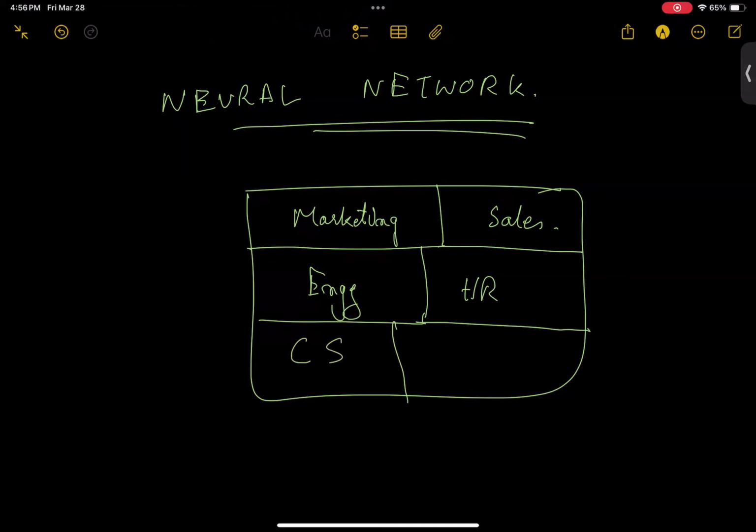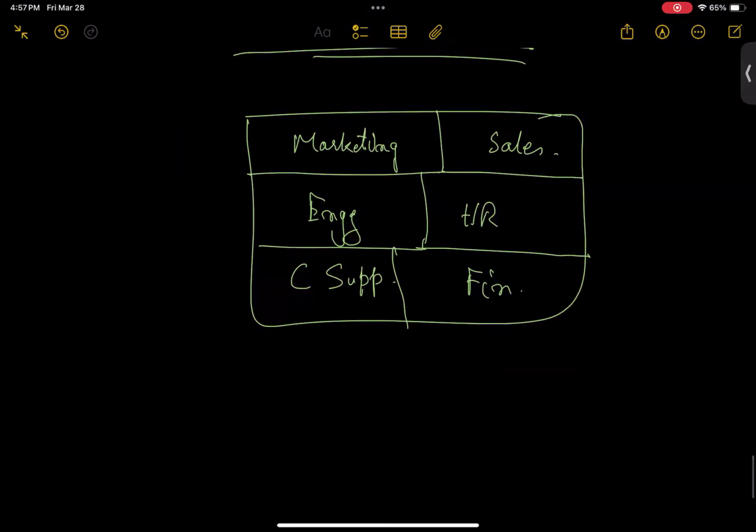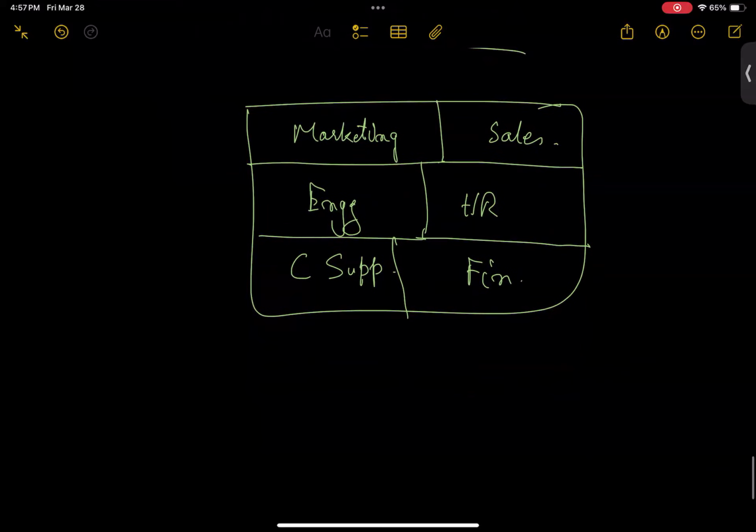Similarly, customer success is another department. And then you can also say customer support is another department. And then you can say the other department is finance, right? Now, this is the structure of a company, correct? Think, can one department just work alone?